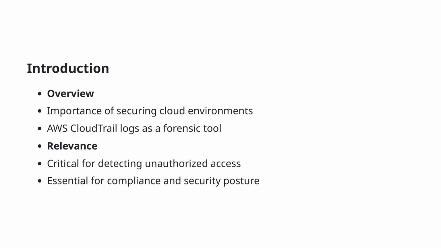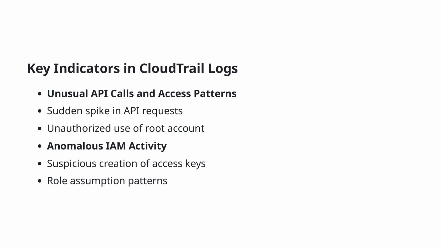They are essential for detecting any unauthorized access, which is pivotal for maintaining compliance and bolstering your overall security posture. By closely monitoring and analyzing these logs, you can promptly identify and address potential security breaches, ensuring your cloud operations remain secure and reliable.